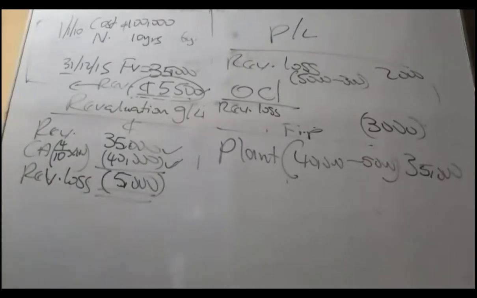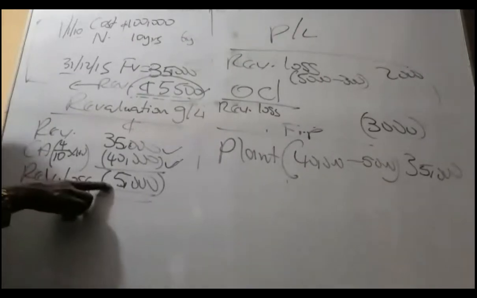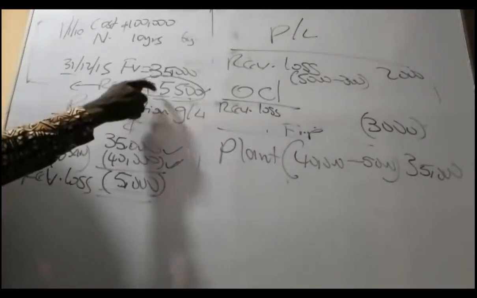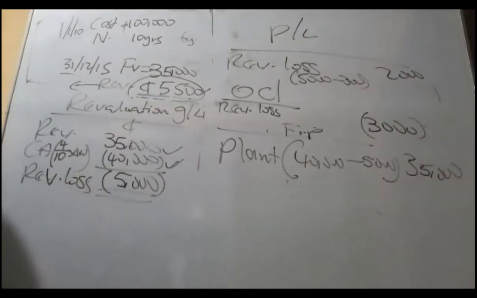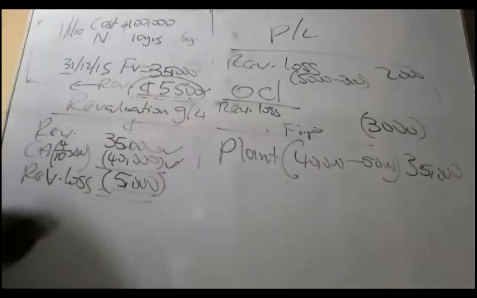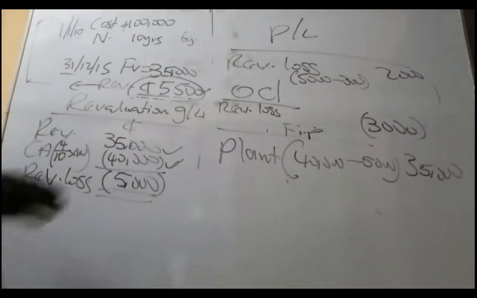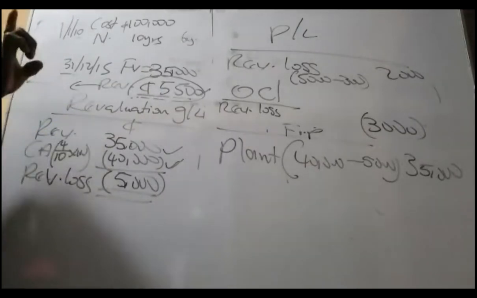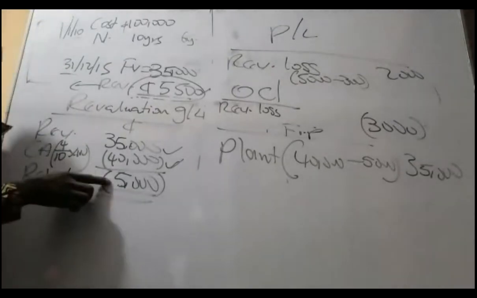Great. Now let's look at this. It means that first, a portion of the gain must be released to wherever the OCI is to offset the gain. But here, this gain is more than the loss. So you can only cancel up to the tune of the loss.